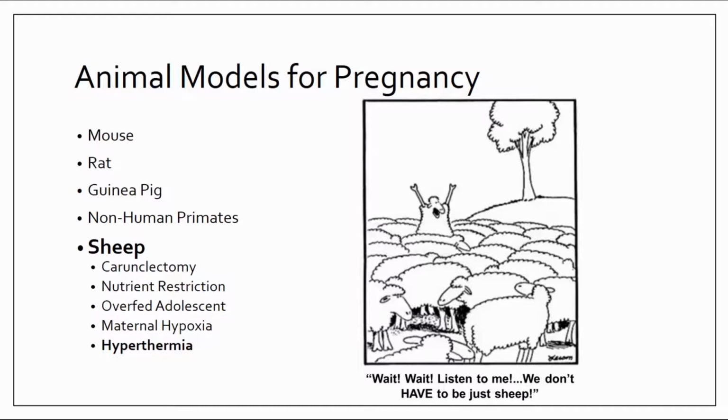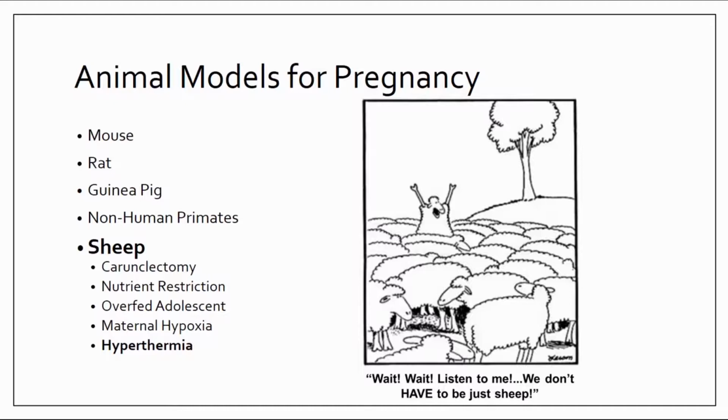Also, it's very difficult to maintain a non-human primate and actually put catheters into the fetal vasculature. The guinea pig is, of course, precocial, but is also difficult to catheterize to really study nutrient fluxes.